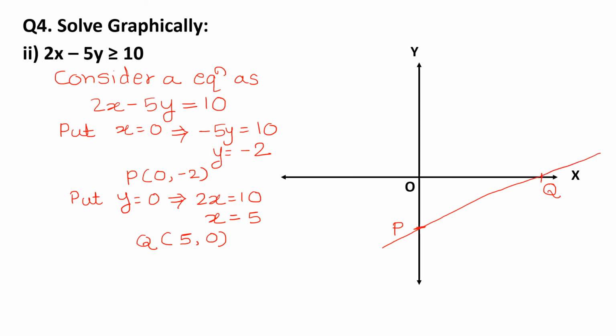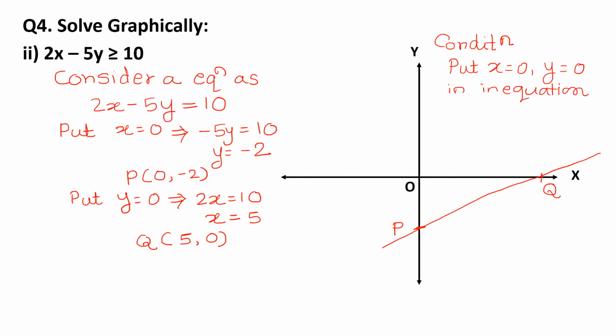I have to decide now whether the origin side or the non-origin side is my solution. So what is the condition to check for it? The condition that I should check is to put x equal to 0, y equal to 0 in the equation.